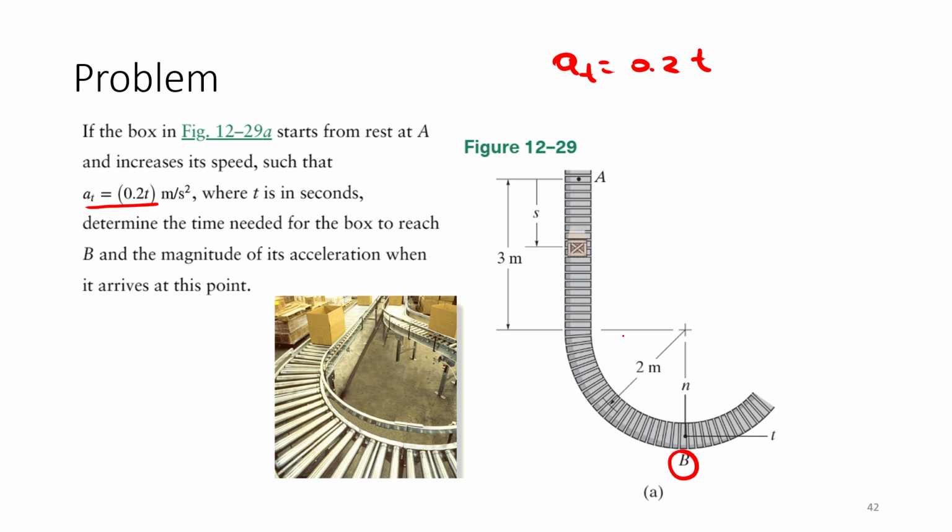And then, as you can see here, the problem has two parts. The first part is from this point to that point. Here there is no normal acceleration.